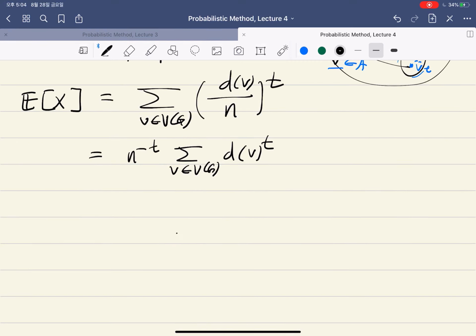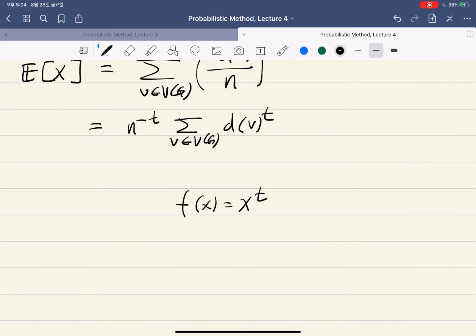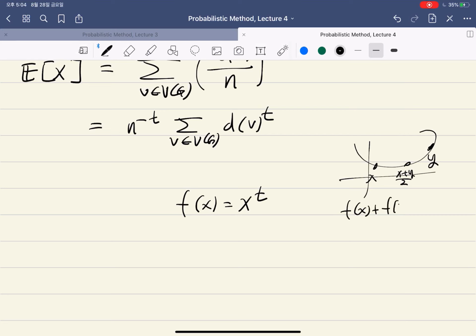Now let's consider this function. When t is at least 1, this is convex. Convex functions satisfy, for x and y, that f(x) plus f(y) over 2 is bigger than f of (x plus y) over 2. And this can be generalized to n values.